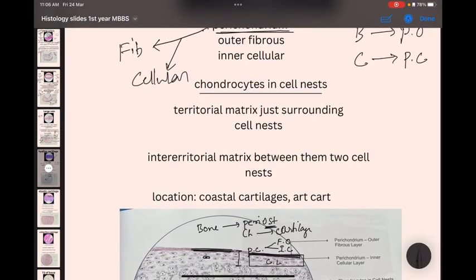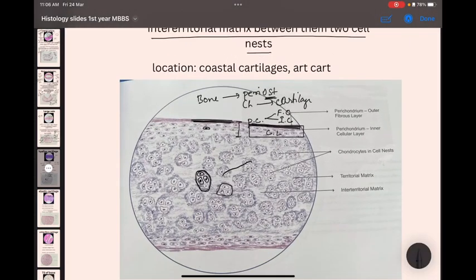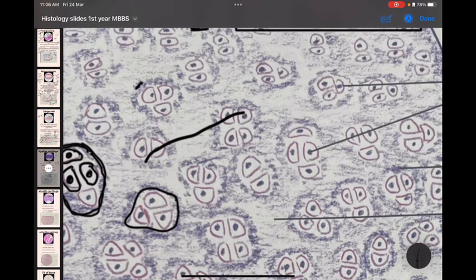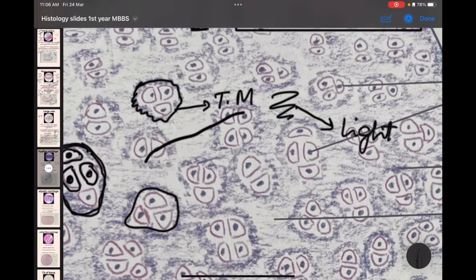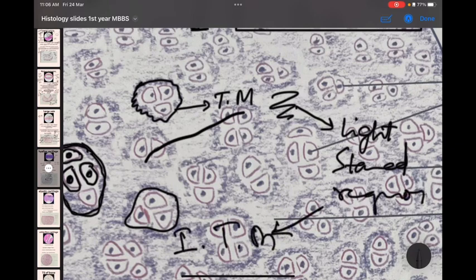Next, the territorial matrix is surrounding cell nest. Interterritorial matrix between two cell nest. Okay, it's very easy. See, this purplish color is there, no? This is nothing but the territorial matrix. Whereas this lightly stained region is interterritorial matrix.